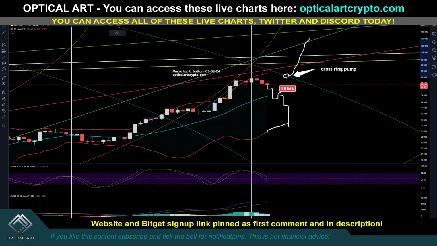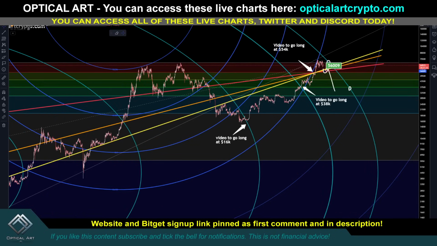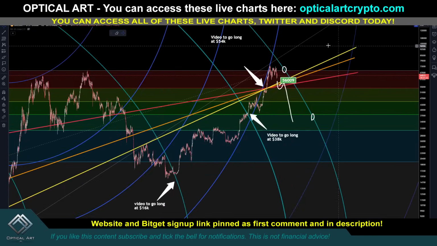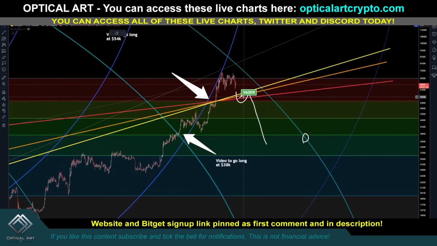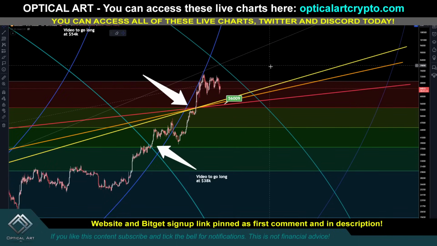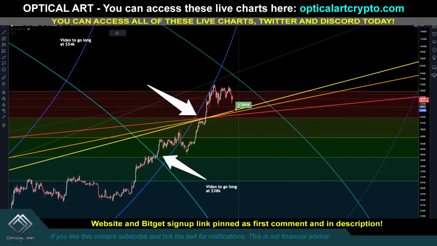But just to recap really quick, just to zoom in one more time. And again, if you have access to this chart, it's going to be beneficial to you because we won't know when we cross this ring until we do. We just know when we cross it, that's the point to go long. But just so you understand, your key support, if we start dropping, price comes down, your point to go long will be 58,000 down to potentially 55,000, all right? Depends on when you make contact. If that breaks and becomes resistance, we know we have a lot more downside.